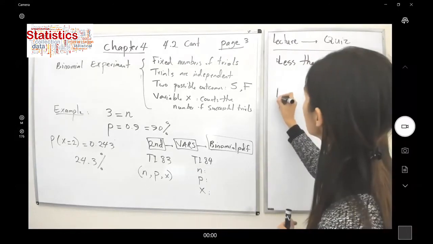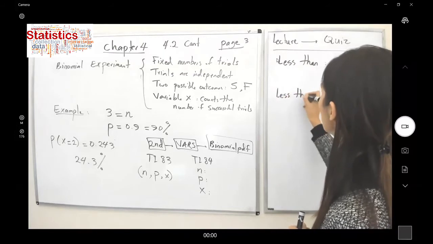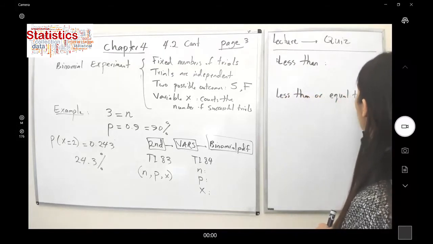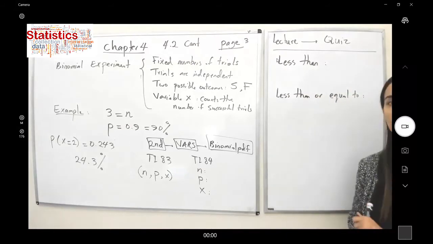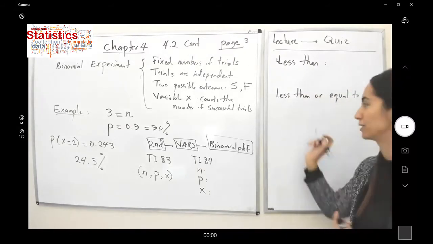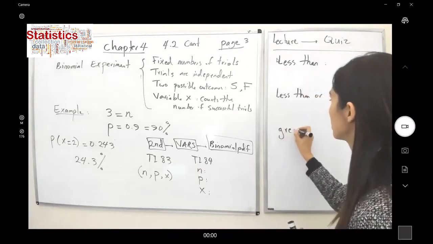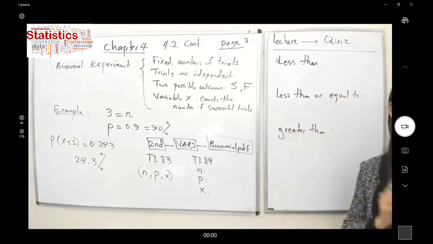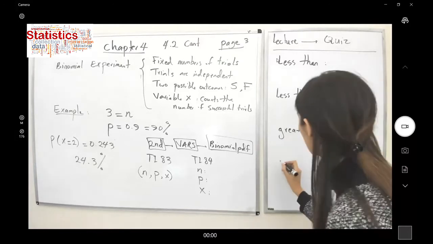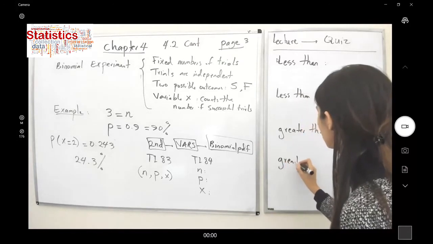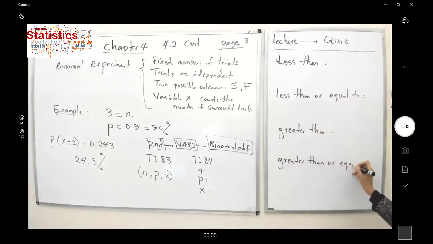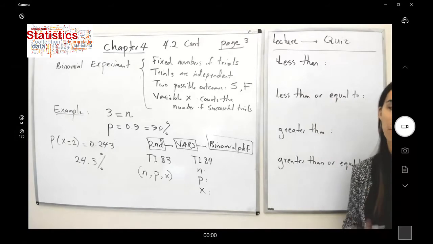What if you have less than or equal to? What symbol are you using for this? What is greater than? How do you translate greater than into a math symbol? What about greater than or equal to? What are the symbols in math that you're using?